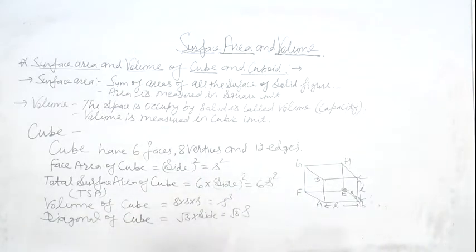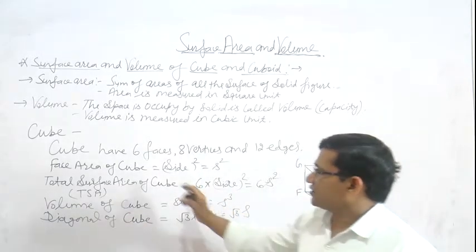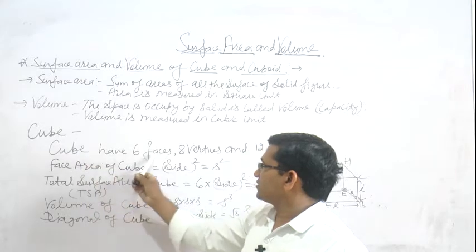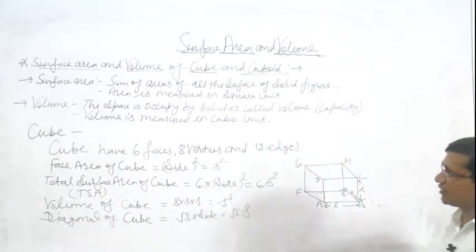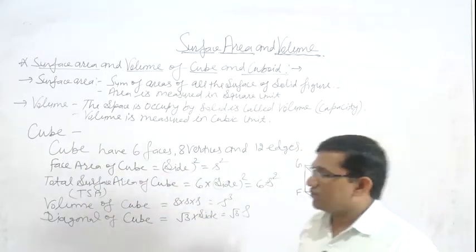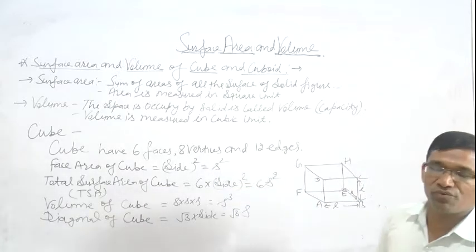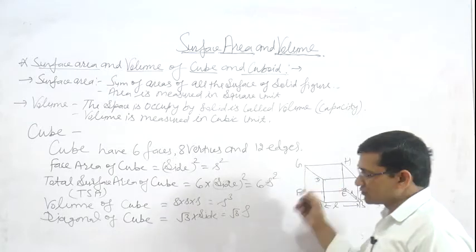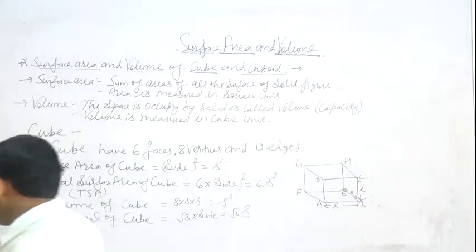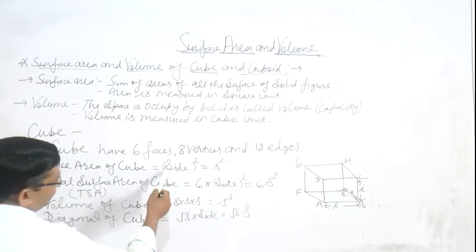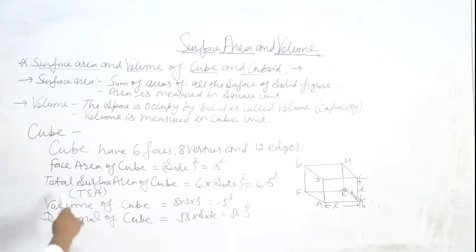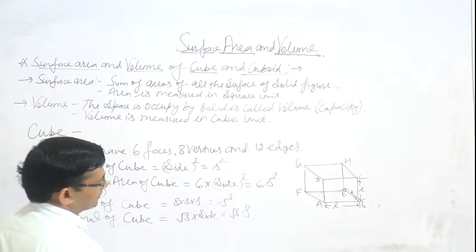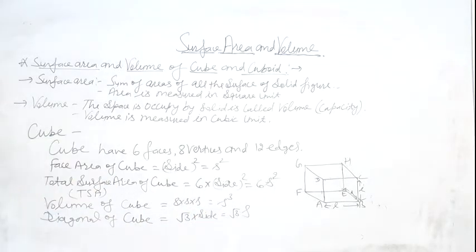So these are some formulas related to cube. Cube has 6 faces, 8 vertex and 12 edges. The difference between cube and cuboid is cuboid has rectangular faces, but cube has square faces. Face area of cube is side square. Total surface area of cube is 6 multiply side square, equal to 6s square.